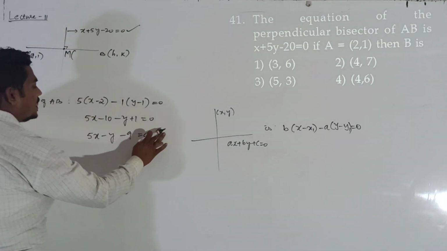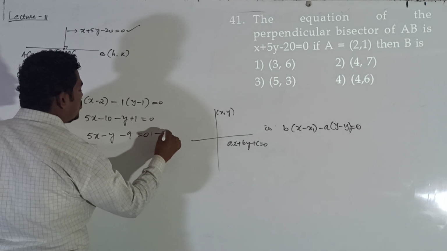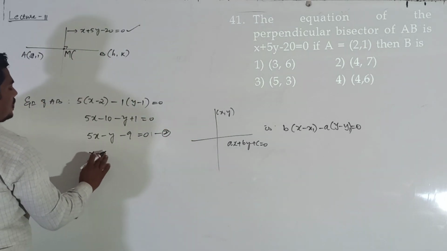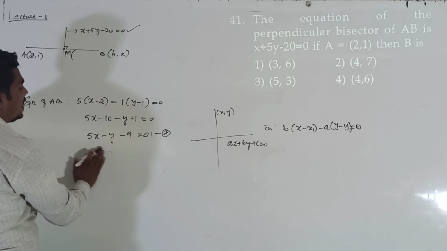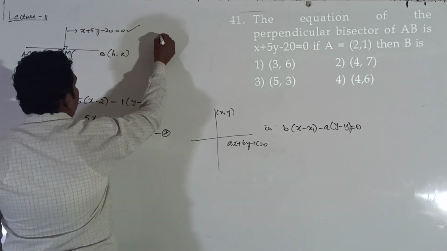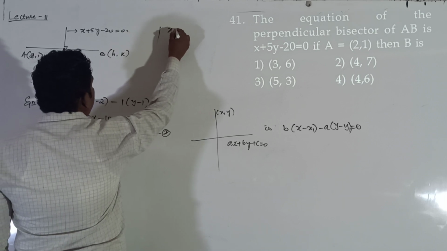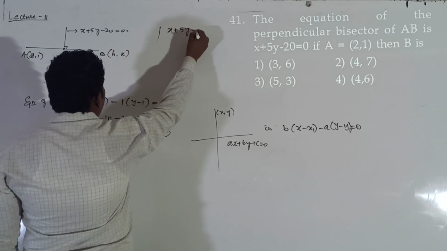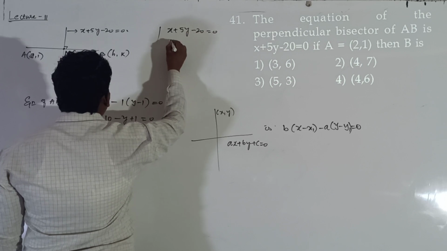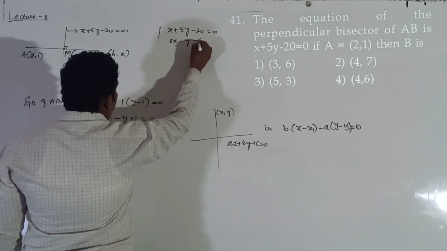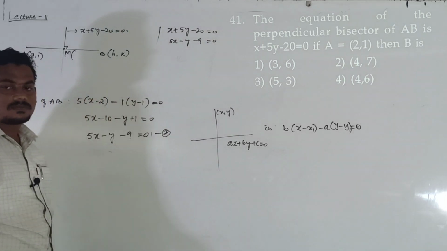Take this as equation number 2 and this as equation number 1. What is equation number 1? x plus 5y minus 20 equal to 0. One more equation, 5x minus y minus 9 equal to 0, right?